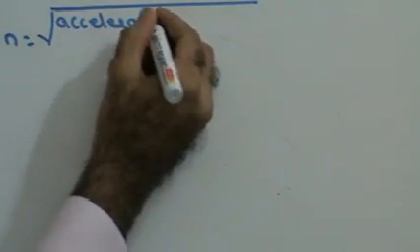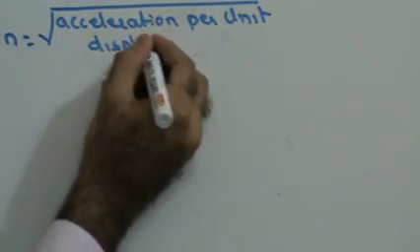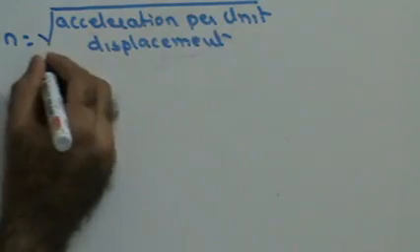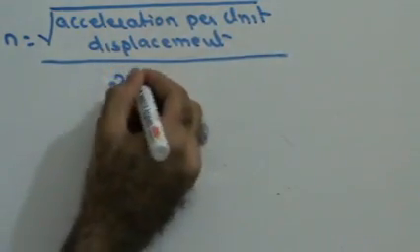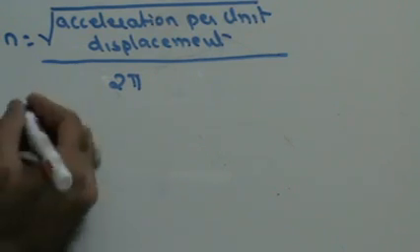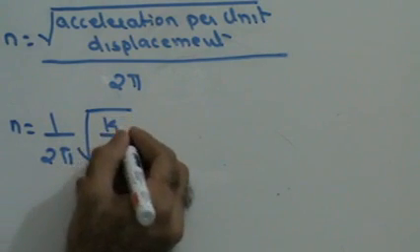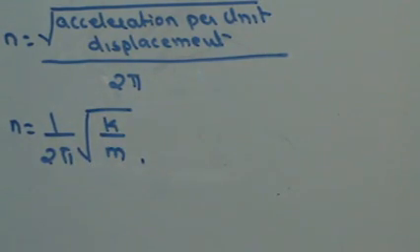Thus, frequency of a particle performing SHM is nothing but square root of acceleration per unit displacement upon 2 pi, or it could also be written as n is 1 upon 2 pi. Acceleration per unit displacement is nothing but k upon m, so square root of k upon m. Right, that is the expression for frequency of a particle performing SHM.